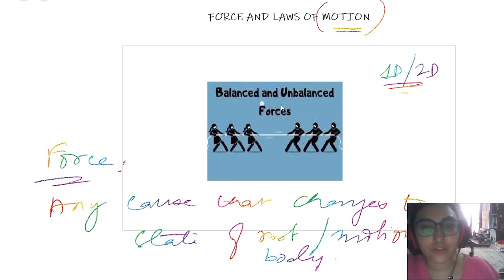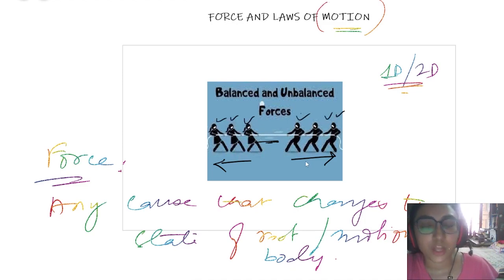Okay. For example, if you look at the picture, you can see that here are three boys, here are three girls, and they are pulling a rope. So, from the looks of it, both are applying equal amount of force, right? On both these sides. Now let's not comment on who has more strength here. Let's just see that here are three people and here are also three persons.